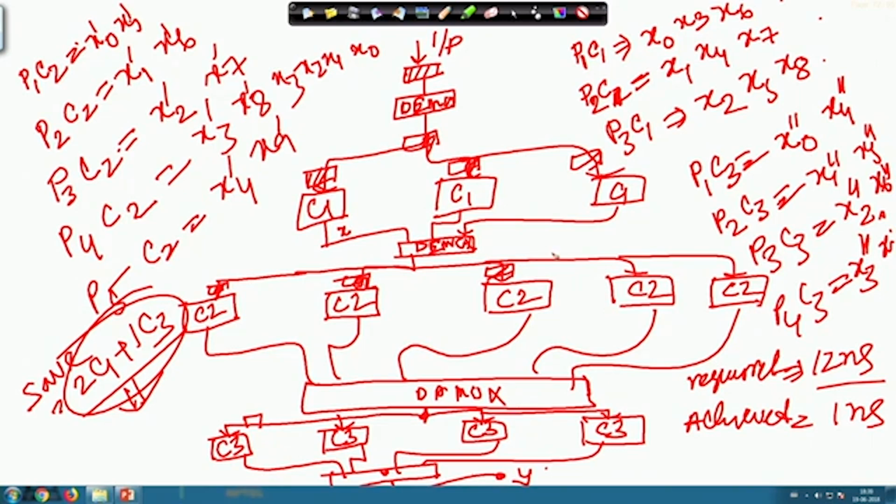Along with that we have also put extra registers, that means 3 registers for this 3, 5 registers for this 5 and 4 registers for this. That means, here I have saved 2 C1, 1 C3 plus total 3 registers.